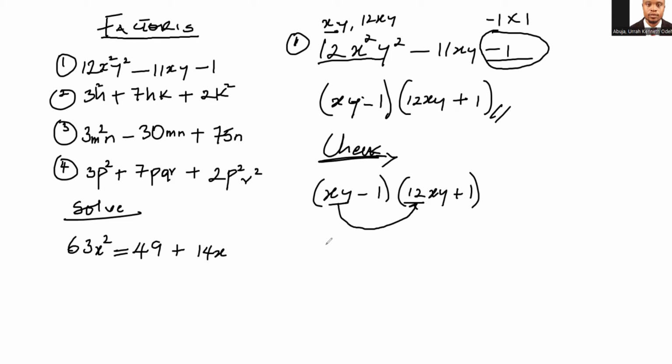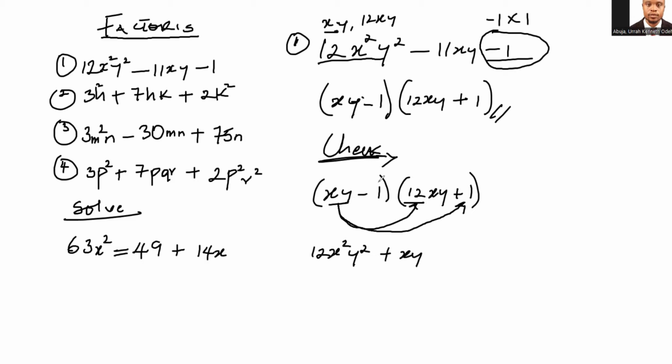That's xy multiplied by 12xy gives us 12x squared y squared. That's nice. Again, we multiply xy multiplied by 1. Now xy multiplied by 1 gives us plus xy.